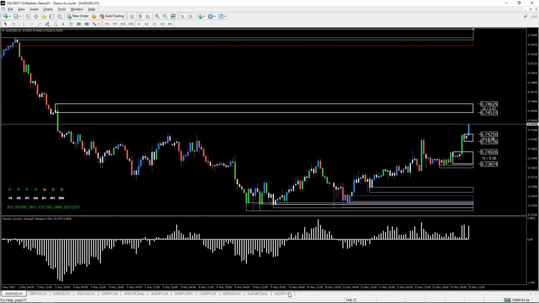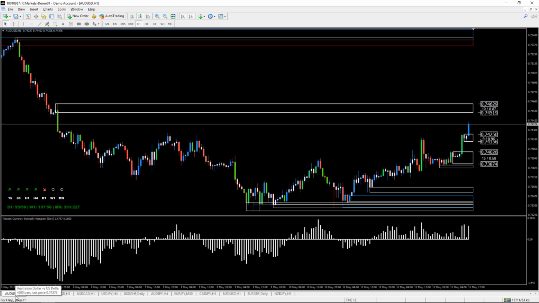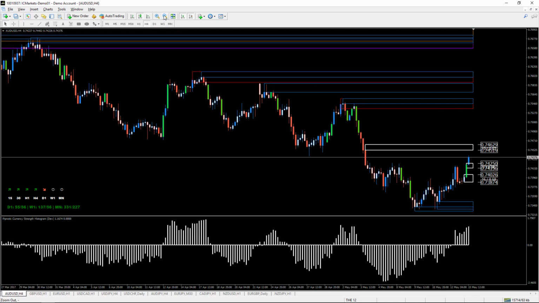Again, if we look at the strength information, the Aussie dollar is strong and the American dollar is showing some weakness, and the Australian dollar is showing quite a lot of strength. So ideally we want to position ourselves along this currency pair. Let's see if we can find some divergence here.